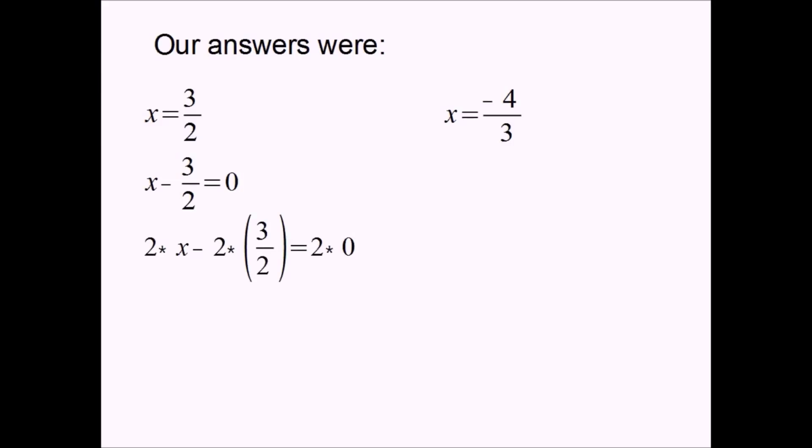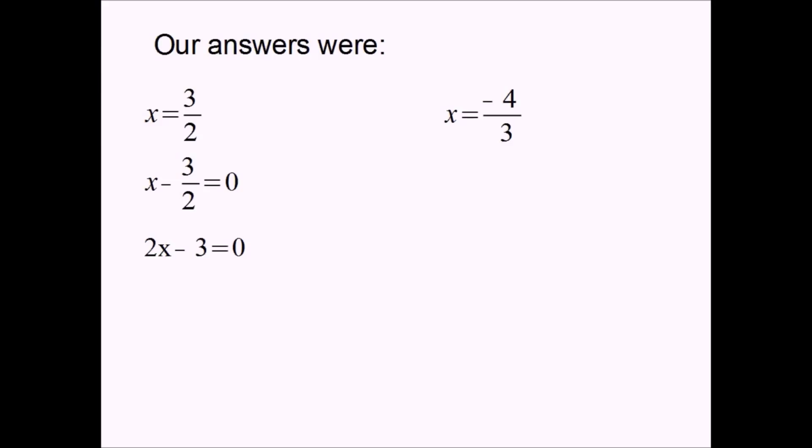Basically I'm going to multiply everything by 2. And I mean everything. That looks horrible, but, well, 2 times x is just 2x, and 2 times 0 is 0. 2 times 3 halves actually works out really nice because the 2's cancel. So we're just left with 2x minus 3 equals 0. That's pretty. That's what I want.